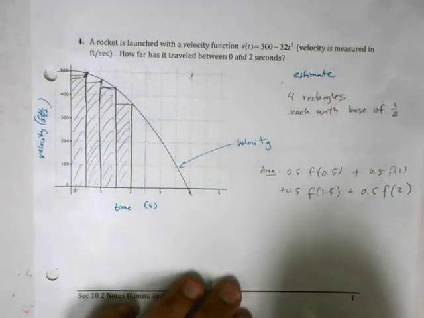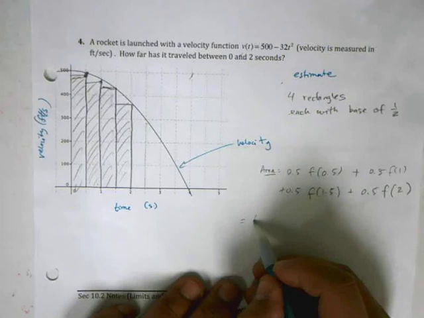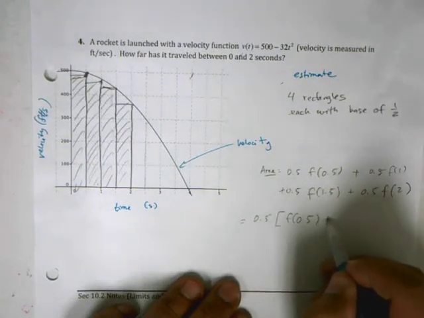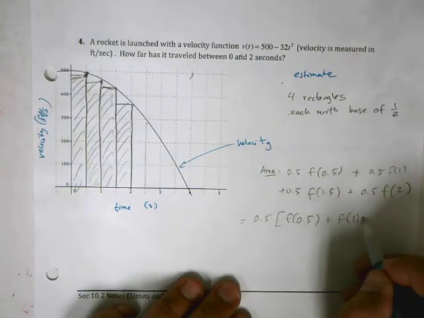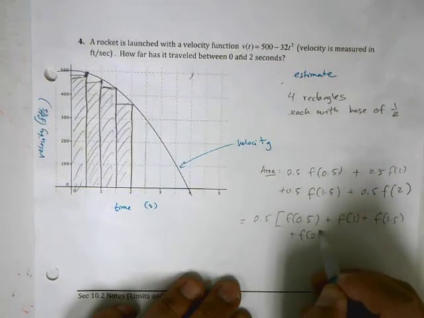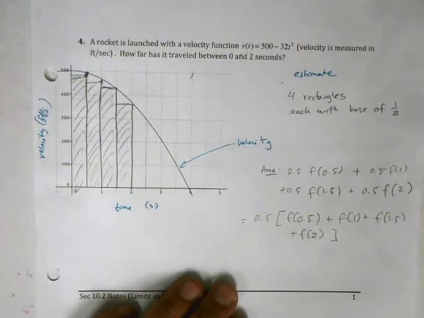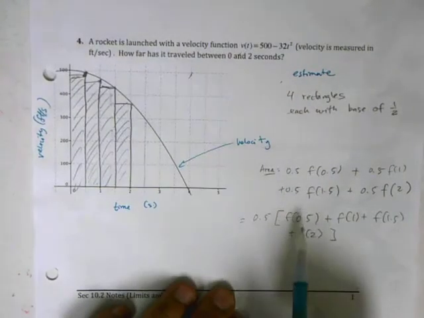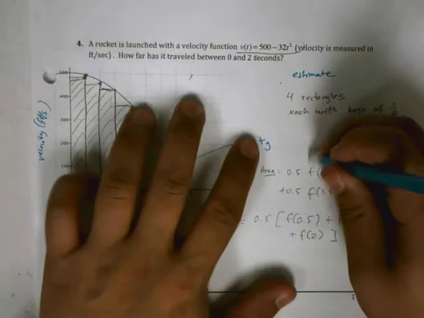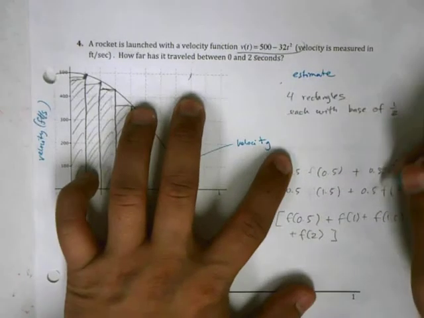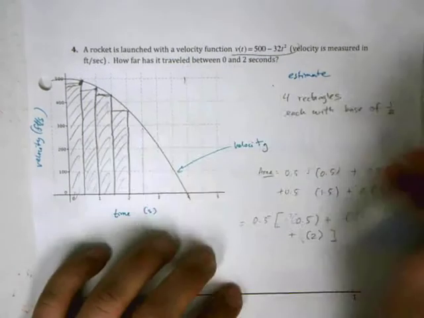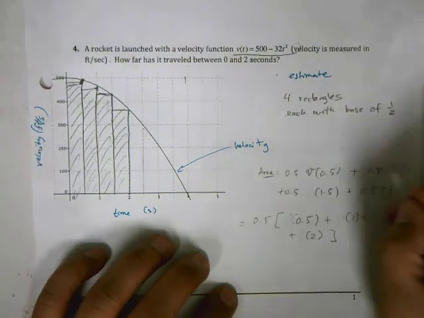So one thing I can do is just factor out 0.5. And f here is this function. I really shouldn't have used f, I should have used v. This is why you should do math in pencil. So I should say v.